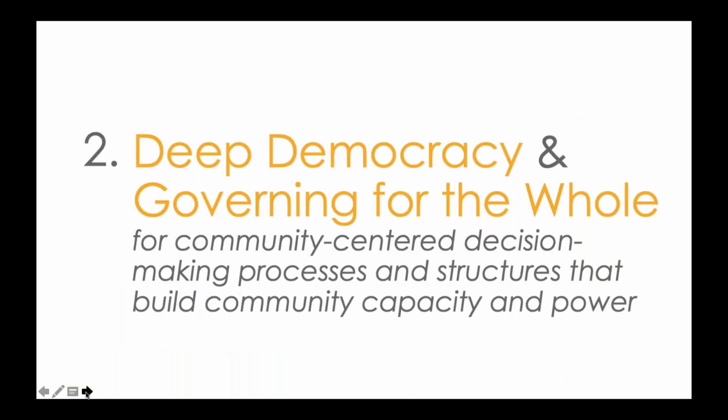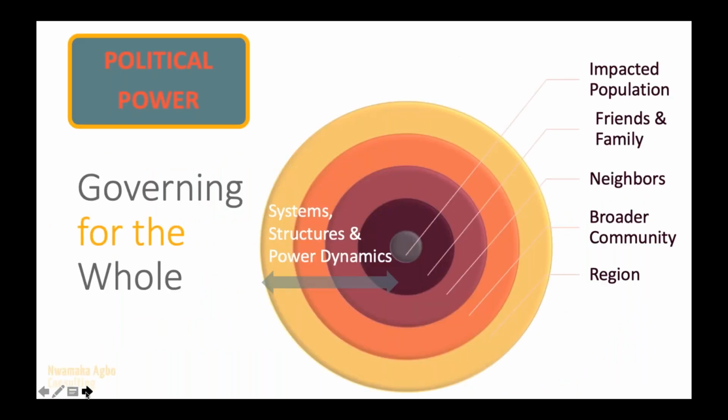Another piece of the work that I just want to emphasize once again is the opportunity for deep democracy. A model that I've been playing with in the projects that I support is one called Governing for the Whole. Governing for the Whole is a horrible tagline. I know I need to figure out how to rebrand that. But essentially what Governing for the Whole does is lift up the opportunity to support a project in identifying who is the population that stands to be most directly impacted by this particular development project.